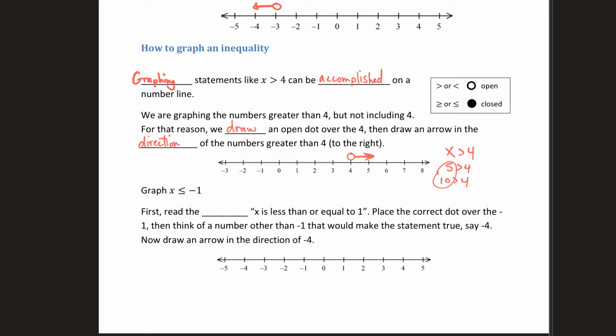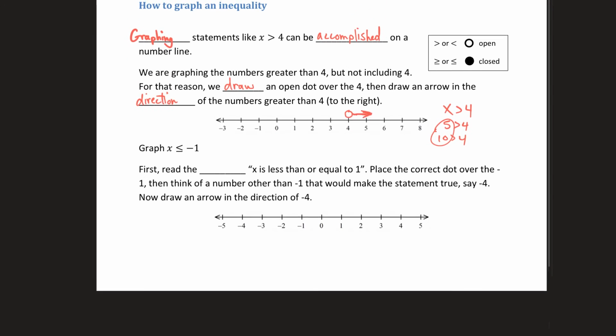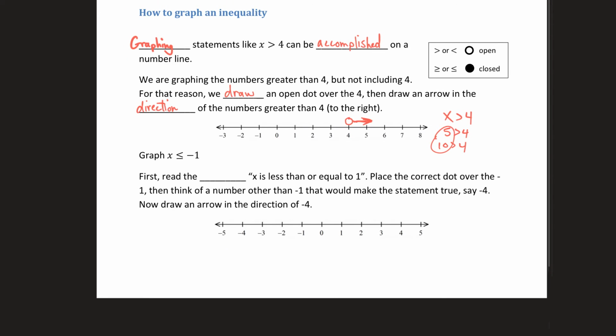We'll go down to the next one, graphing x is less than or equal to -1. First we have to read the statement: x is less than or equal to -1. I better put a little negative right there.